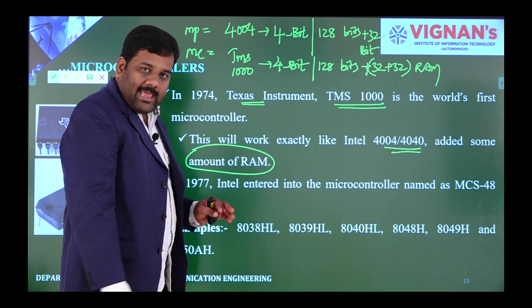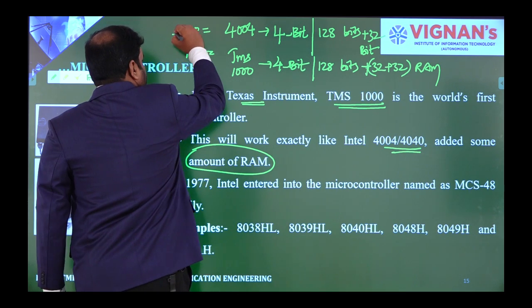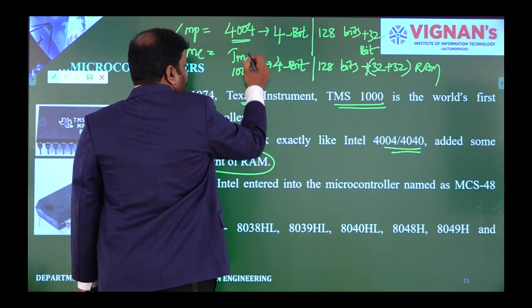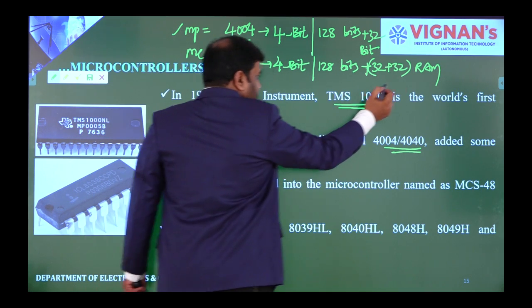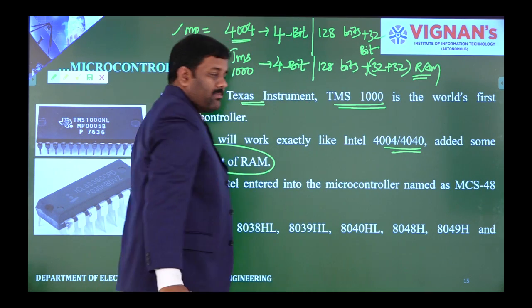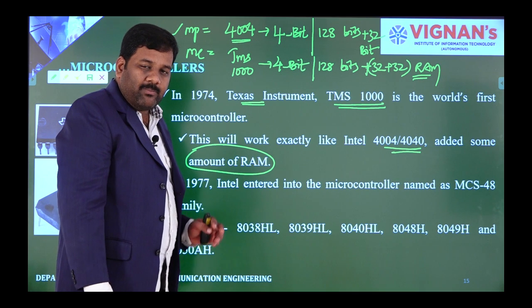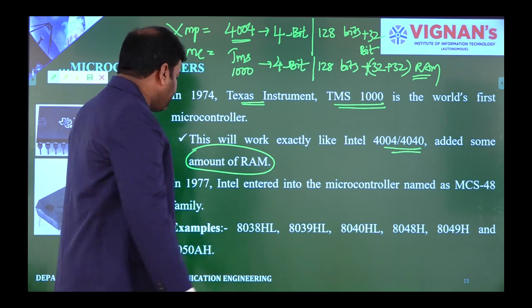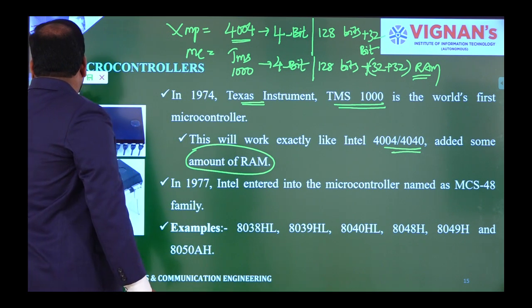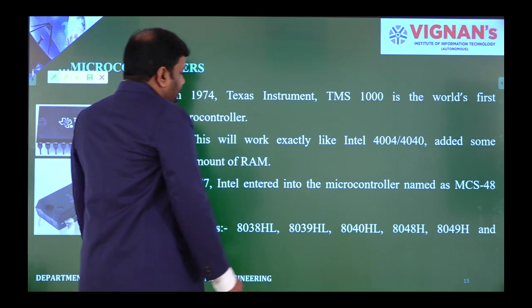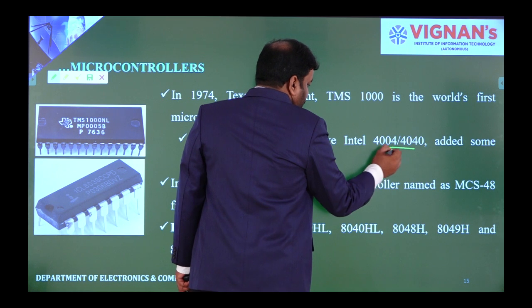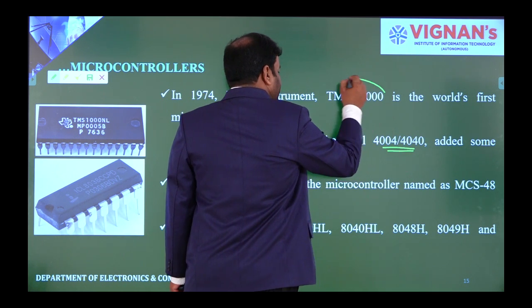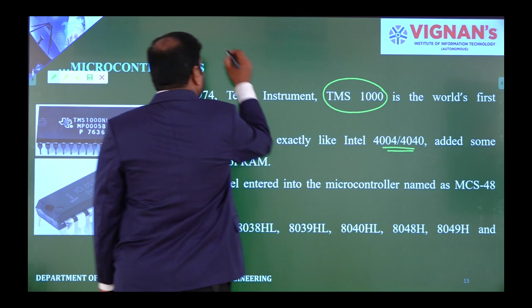Along with the first generation microprocessor 4004, they are adding some more RAM to perform the actions and tasks a bit faster than microprocessors. And after the first generation 4004 and 4008, the first microcontroller is the TMS 1000.